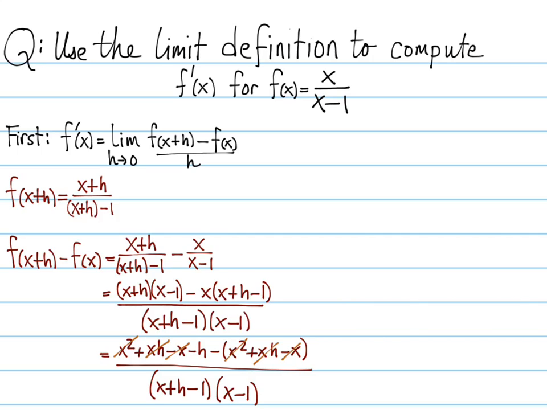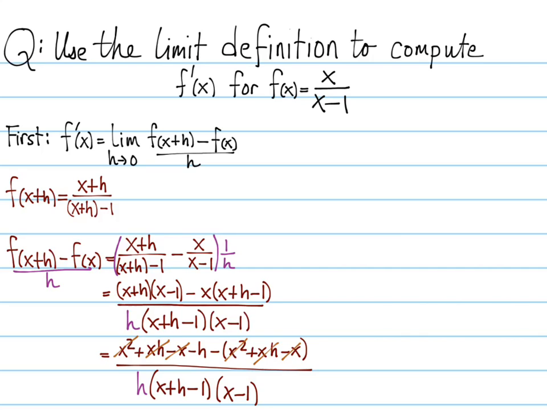Now I've canceled everything that can cancel, and all that's left up top is negative h. On bottom we'll still have x plus h minus 1 times x minus 1. Now, I've only computed f of x plus h minus f of x. The actual limit has an h beneath this. And so, look at the purple.